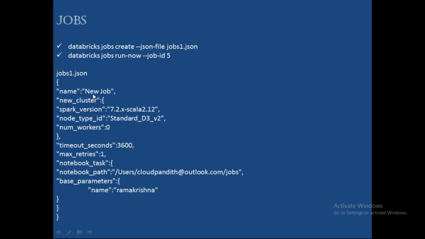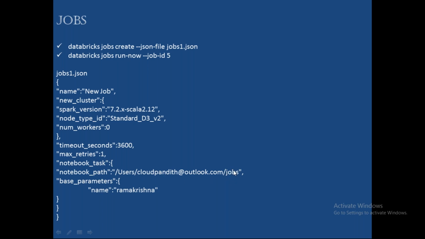On which cluster it should run: name is new job cluster, new cluster Spark version is this, node type is this, number of workers is 0. Timeout seconds is 3600. If my job fails, I want to retry one more time, so max retries is equal to 1. Notebook task: this is the notebook it has to execute.